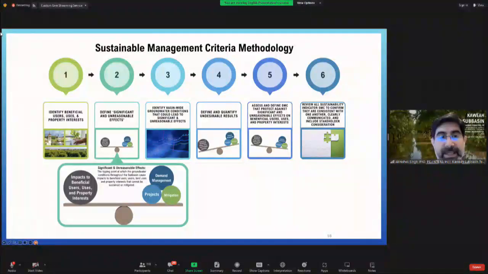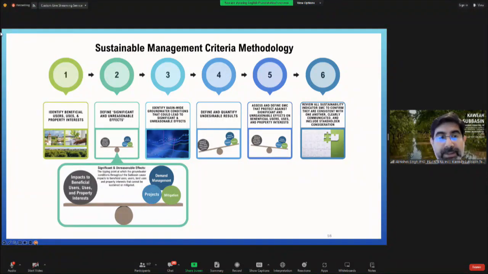And for all SMCs, the significant and unreasonable impacts refer to the tipping point when impacts on beneficial use and users become too significant for us to address them through projects or management actions or through mitigation. We next evaluate groundwater conditions that lead to those impacts, define quantitative undesirable results, which is a statutory requirement under SGMA, and develop sustainable management criteria that prevent those undesirable results from occurring.